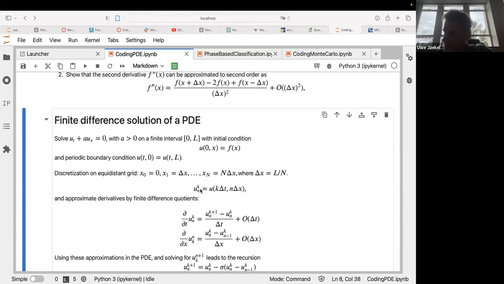So for instance, this would be the point at x position 3 times delta x and 2 times delta t.